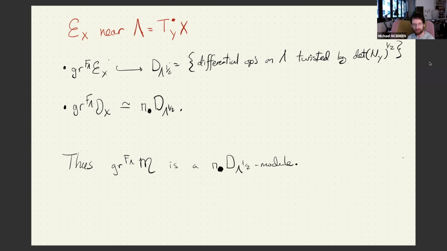Let me not dwell on why that is so, but somehow it's something you can sit down and think about in the case of a vector space.